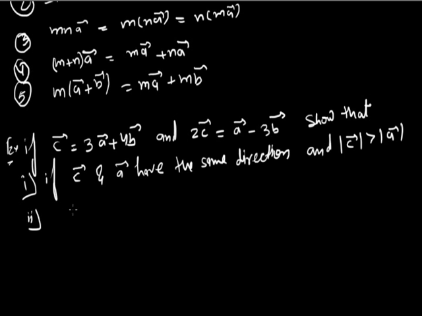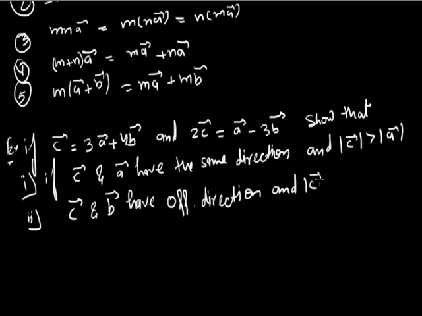Second, c vector and b vector have opposite direction and the magnitude of c vector is greater than the magnitude of b vector.